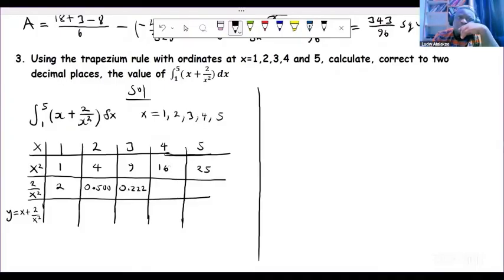Then 2 upon 16 is 0.125. Then 2 upon x squared is 0.080.